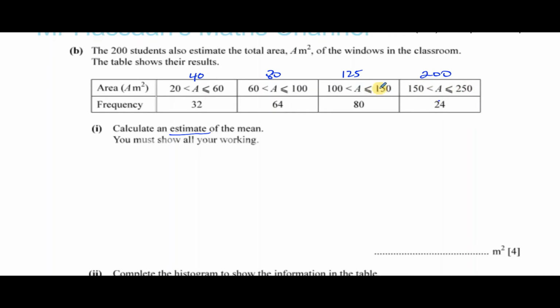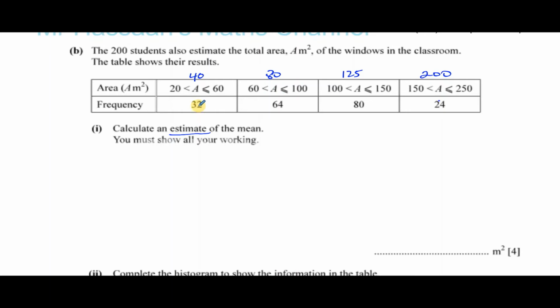And for these ones, you can basically just see what the middle number is. But sometimes you might not get friendly numbers, so you can just add them together and divide by 2. So now I know that 32 students came up with a number that, we don't know what it was, but let's say it's 40.